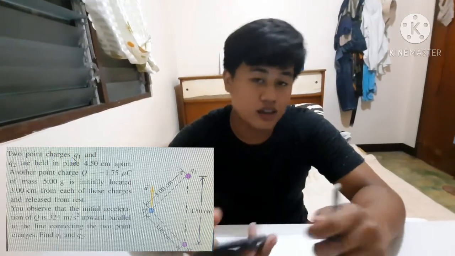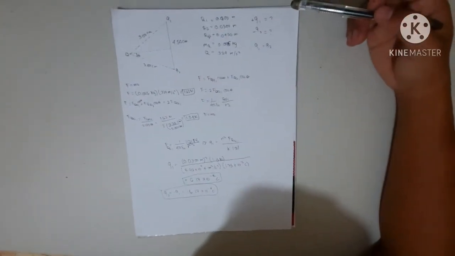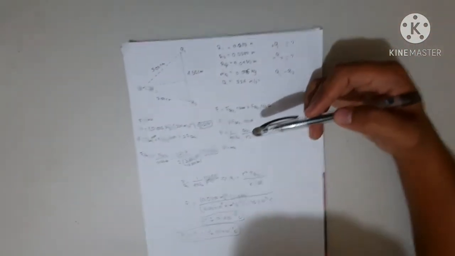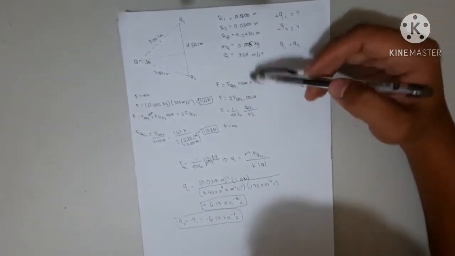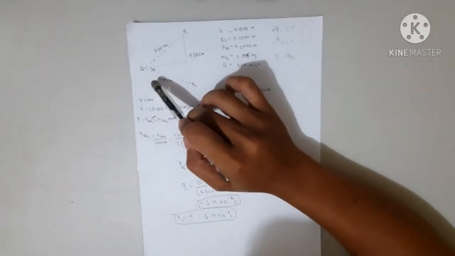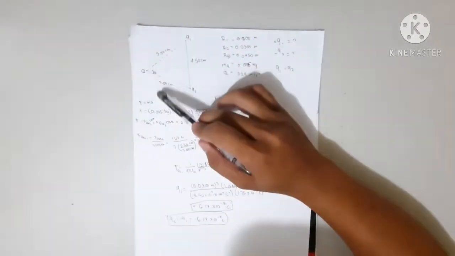So, let's get it. Before we start the problem, we always draw a free body diagram labeling everything so that we would know what we're looking at and what to find. So we're going to have a radius from Q1 to Q. Let's call it R1.